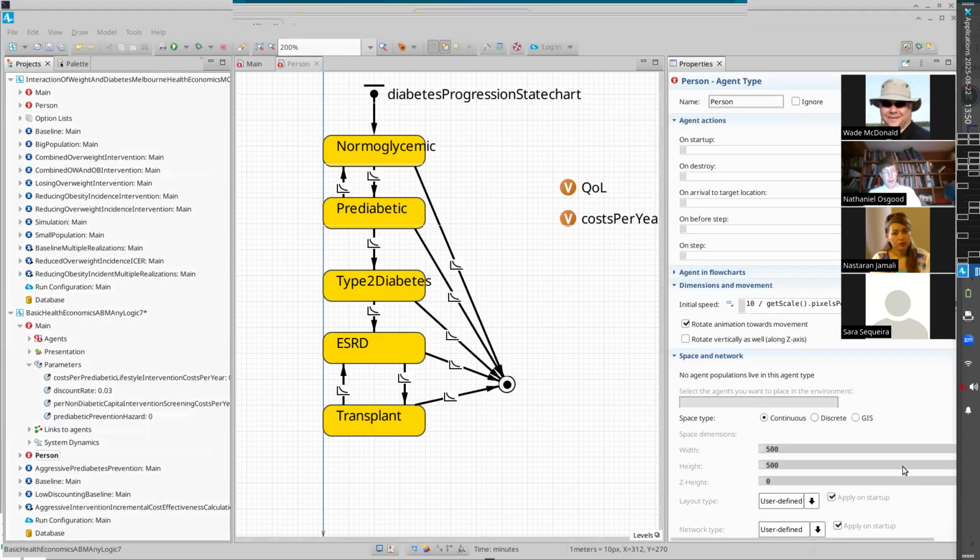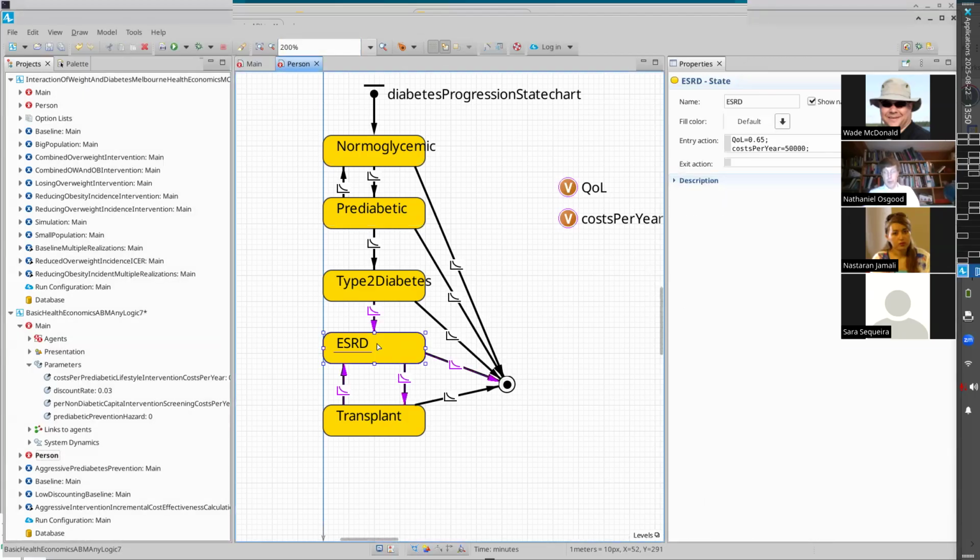And end-stage renal disease is an exceptionally dangerous, debilitating health condition. It requires regular dialysis, like three times a week, which will often totally upend a person's life.